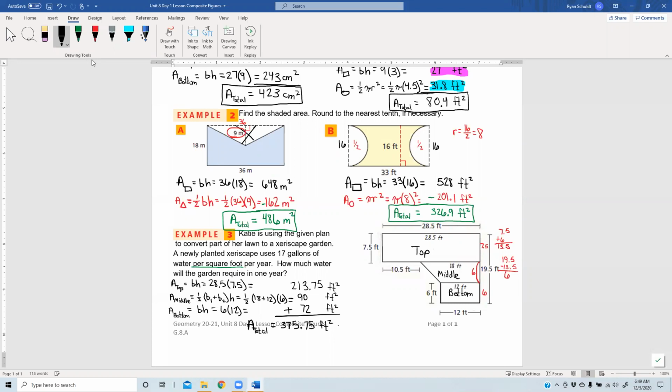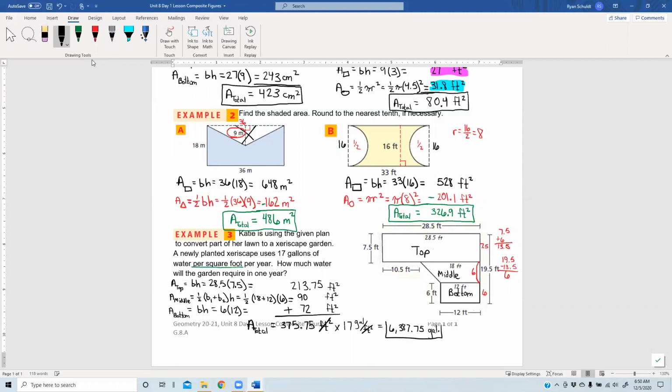So now we're going to multiply by 17 gallons per foot squared. The foot squares cancel out. So 375.75 times 17 gets you 6,387.75 gallons.